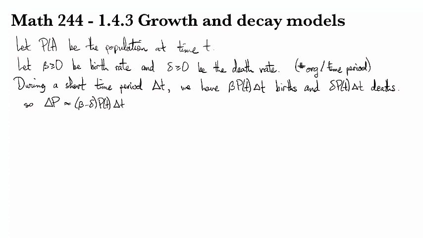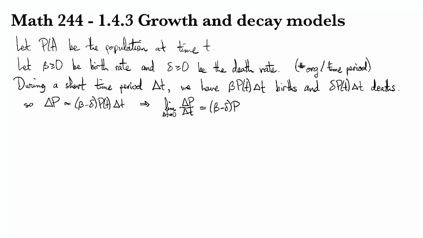Then I can divide delta t over to the other side and look at delta P over delta t as beta minus delta times P. And then I'm going to take the limit as delta t goes to 0 of both sides.